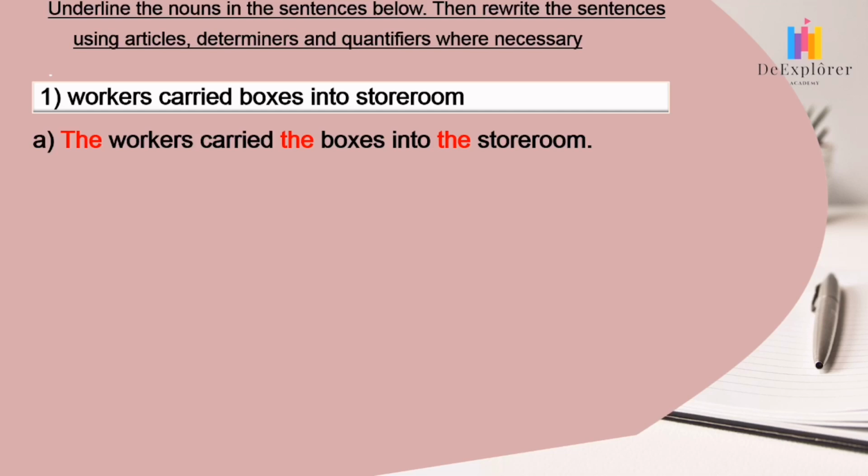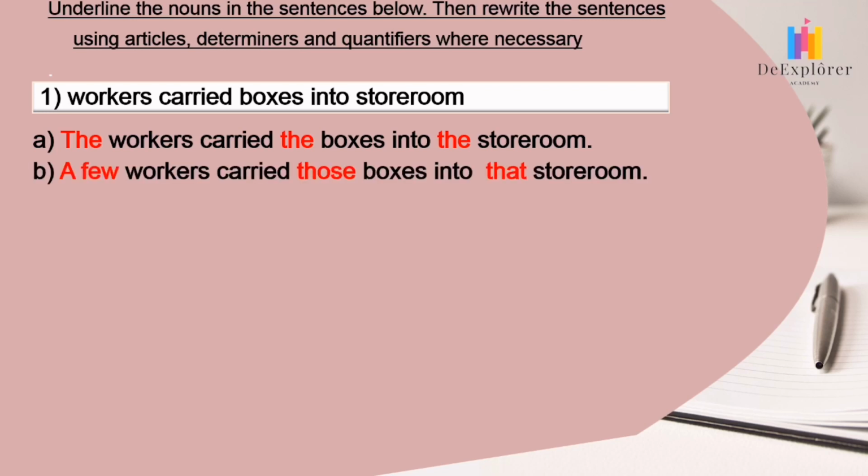Right, okay. Or you can also put in a few workers carried those boxes into that storeroom. So this sentence is also correct. A few workers. We say a few workers means 几个工人 carried 搬那些 boxes, those boxes, into that storeroom. So this sentence is also correct.